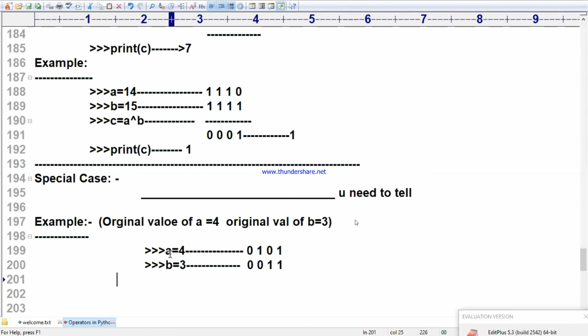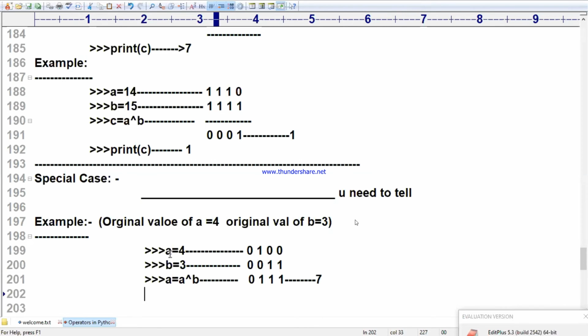Now follow carefully: A is equal to A cap B. A cap B gives 0 1 1 1, which in binary is 7.